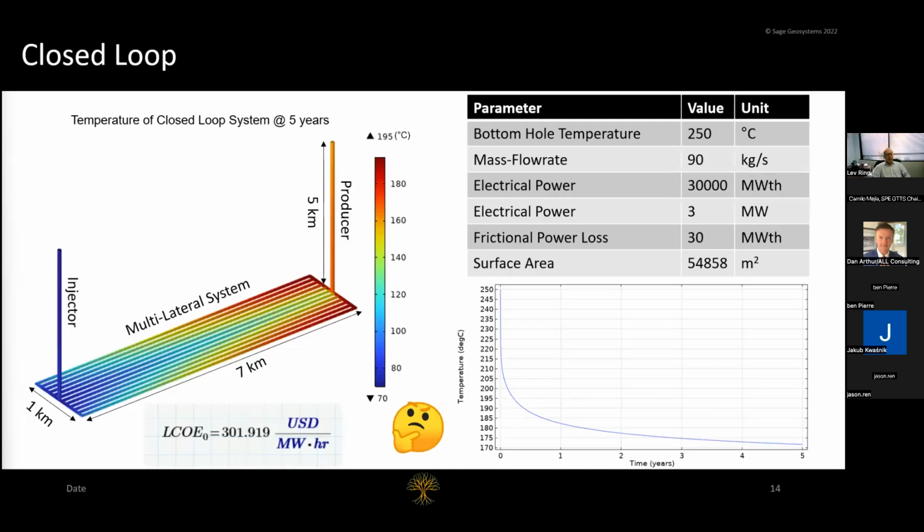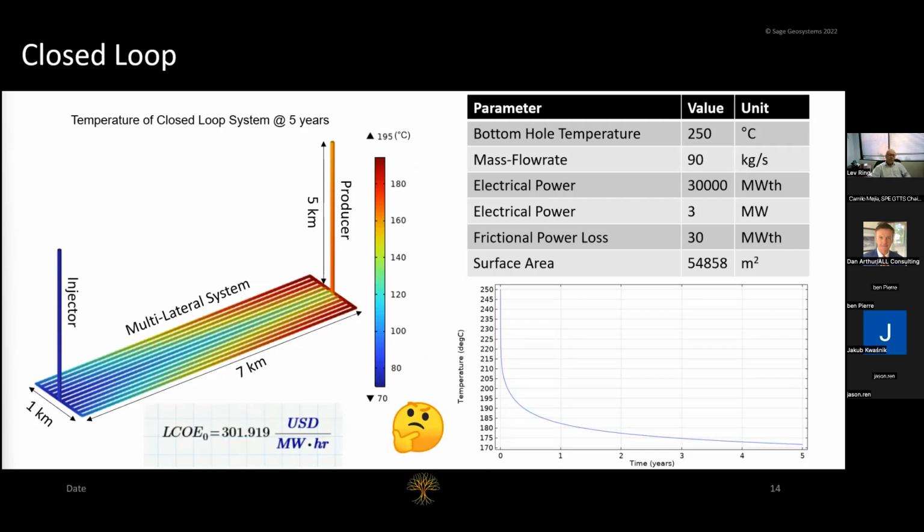So what about building a downhole heat exchanger, like a closed loop system? That is actually very easy to analyze. Now, our company's philosophy is different. You will hear a lot that you need to avoid depletion for 30 years.